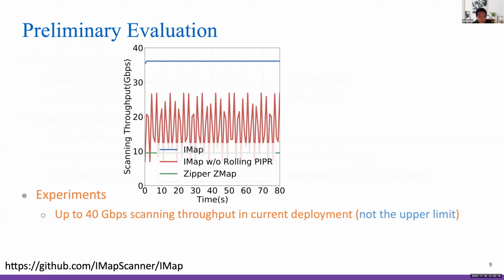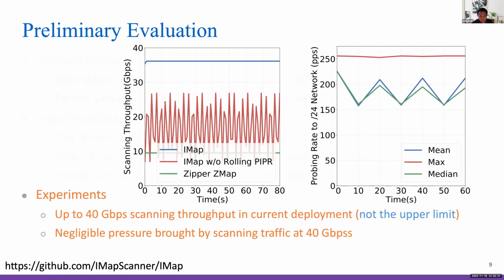Compared to the traditional ZMap, which can only achieve about 10 gigabits, and because we put this scanner in the switches, the overhead for the switches is very low.